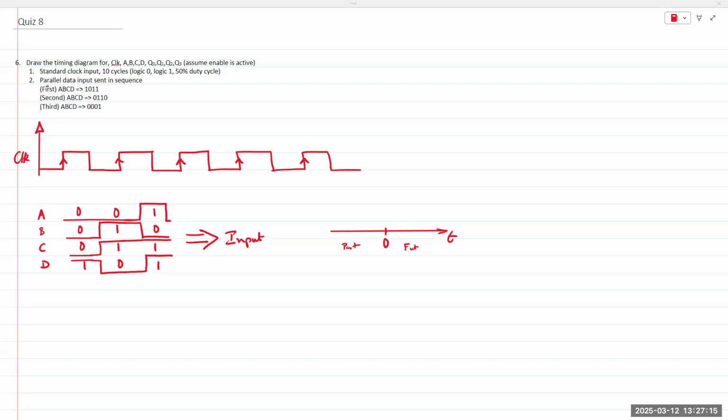So if I wish to draw a standard clock input, here's a standard clock input for like 10 cycles, obviously, meaning going on for 10 cycles. No bubble, and it's edge triggered, meaning it's positive edge triggered. So every time a positive edge arrives, input's going to move to the output. Okay.